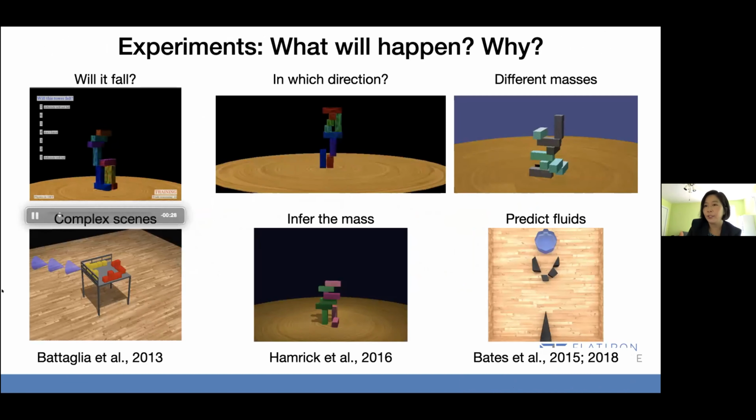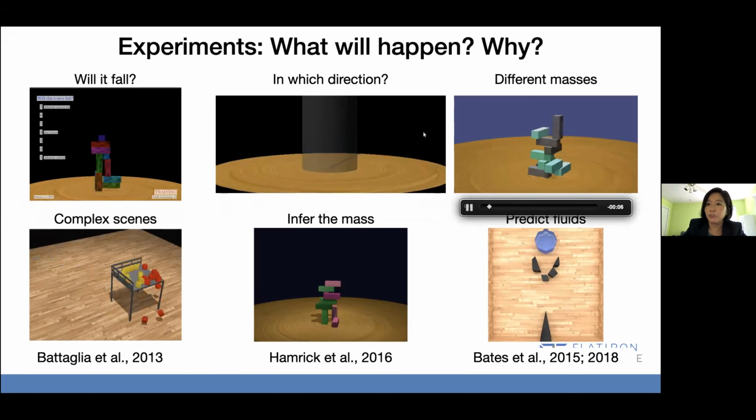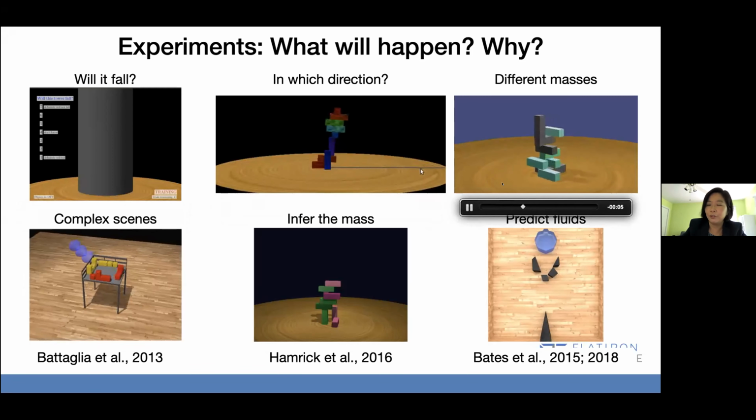And it turns out the humans and the network surprisingly do very similarly. And in which direction it will fall is another version of this. And you can also do it with different masses that they're all completely different. And you can still see the network trained and the humans agreeing very often.